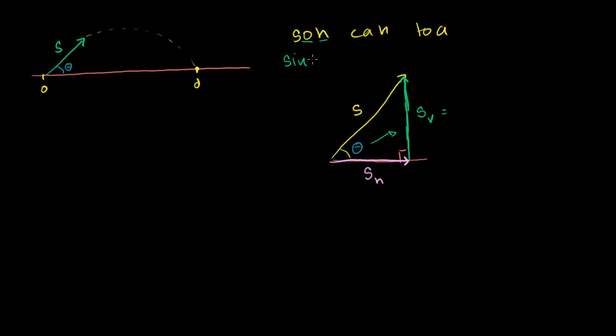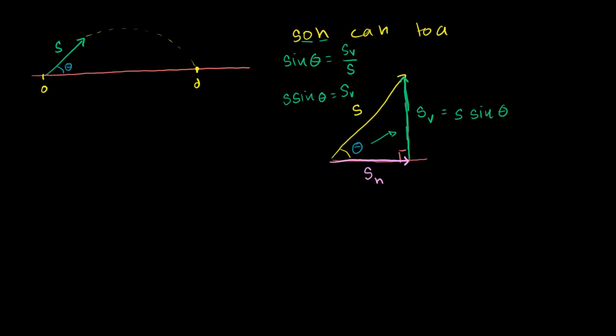Sine of theta is going to be equal to opposite, which is the magnitude of our vertical velocity, this side right here, over our hypotenuse, which is the speed s. And so if we want to solve for the vertical component of our velocity, we multiply both sides of this equation by s. So you get s sine of theta is equal to the vertical component of our velocity.